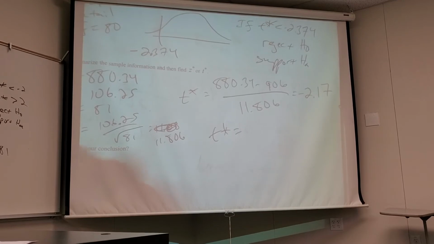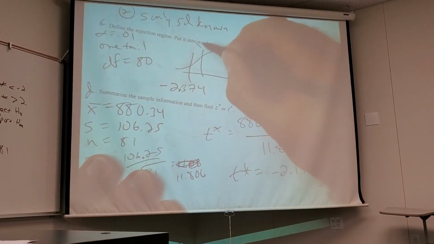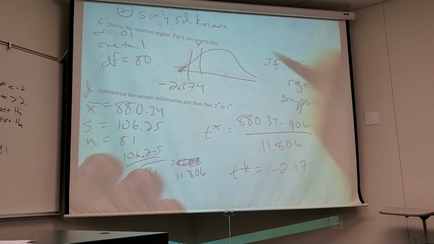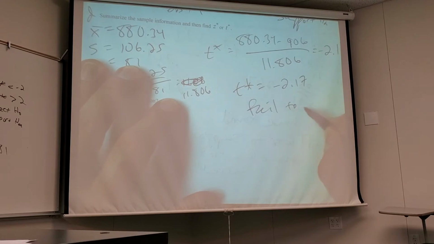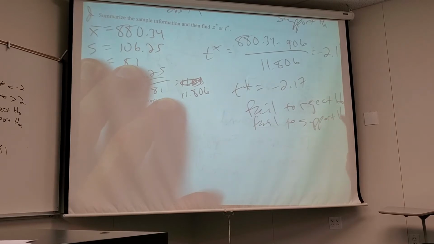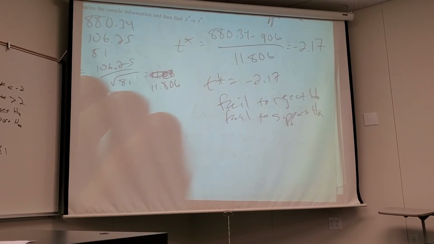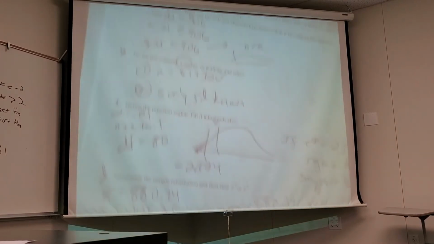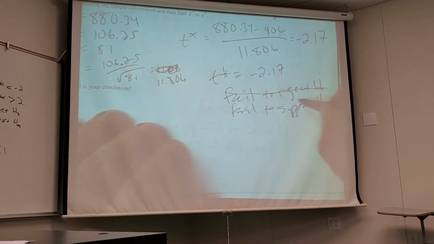Did I make it far enough away? Oh, not quite far enough away. So we fail to reject the H0. Fail to support the Ha. And which one was my claim? It happens in this case the claim was the Ha again. So I'm not going to use this language, I'm going to use this language.